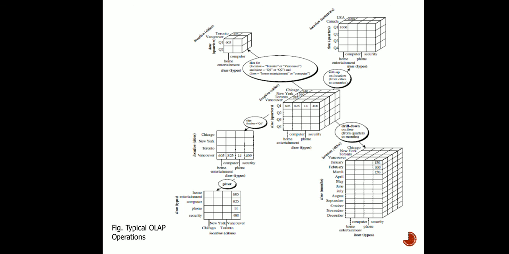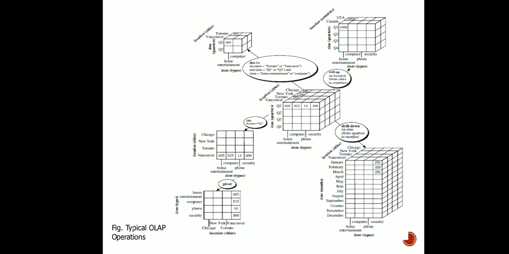Next is slice and dice. If we have to say it in the language of relational database, it will be like project and select operator. Let us see slice first. Slice is doing what? You can see here we are taking a slice out of the total data available. We are slicing it for Q1.